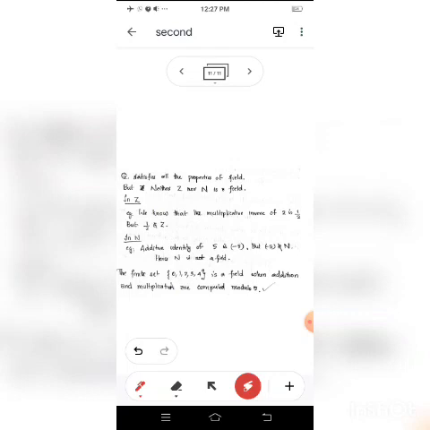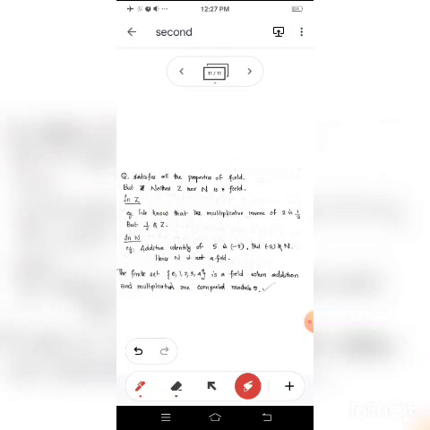Another example of a field is the finite set 0, 1, 2, 3, 4, when addition and multiplication are computed modulo 5. That is, when we divide a number by 5, the remainders must be 0, 1, 2, 3 and 4.